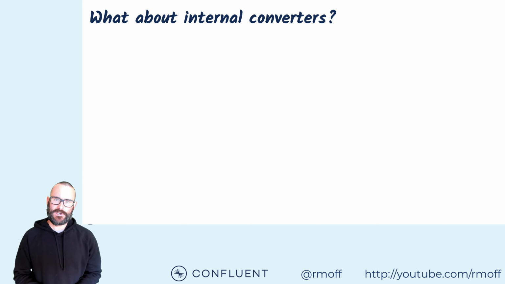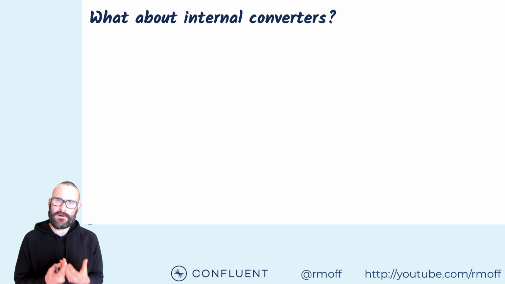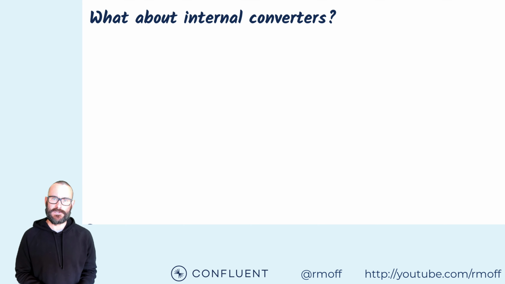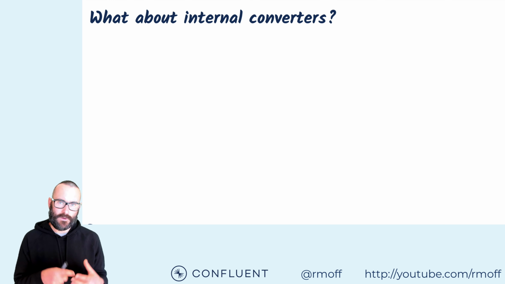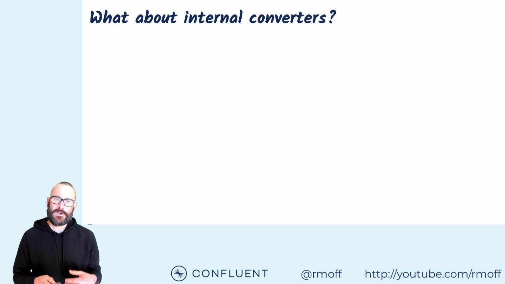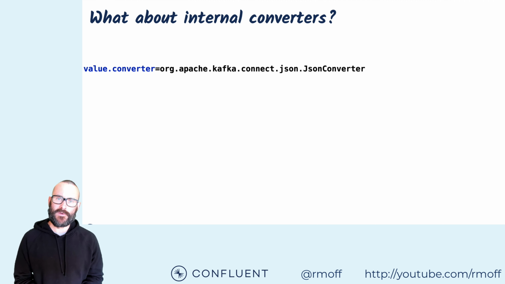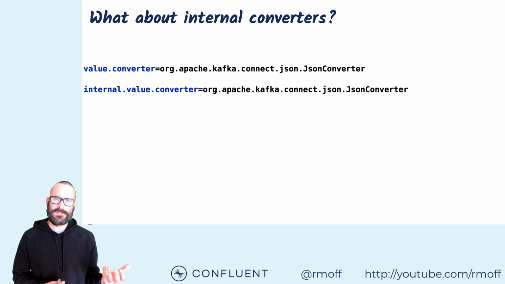Now, in previous versions of Apache Kafka, there was a configuration called the internal converters, which was exposed. And this caused lots and lots of confusion and wailing and gnashing of teeth, because people sometimes run into trouble with converters, and so they say, right, I've got a value converter, and then I can see there's also an internal value converter, and things aren't quite working, so I'm going to add in another one.